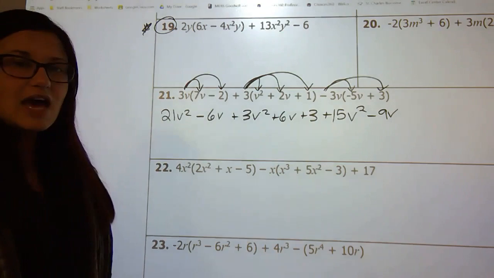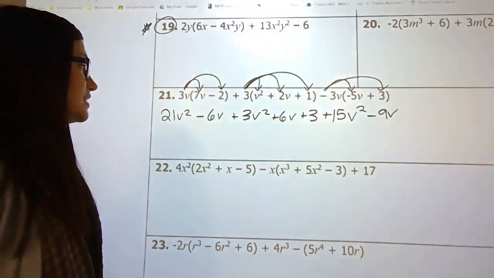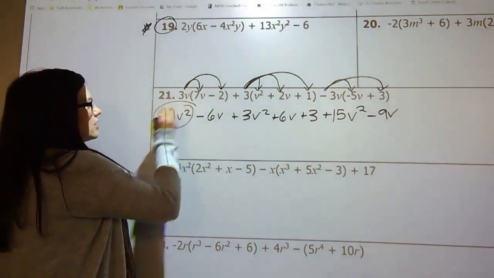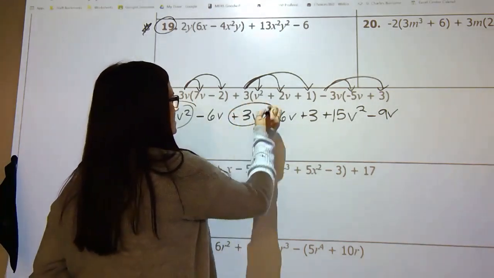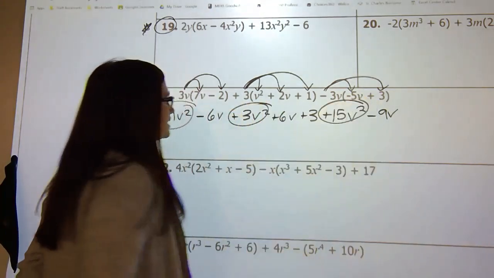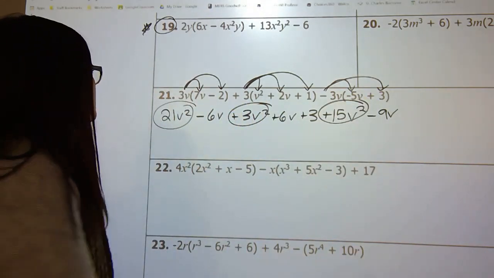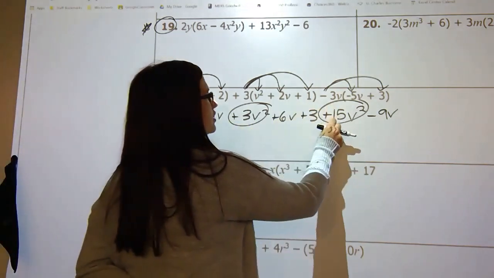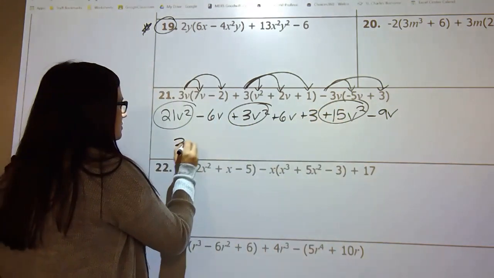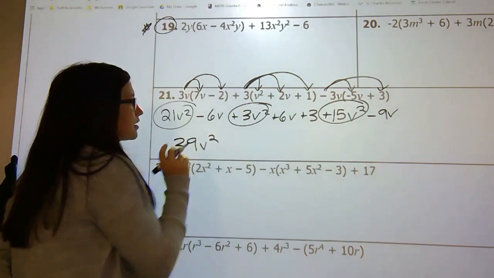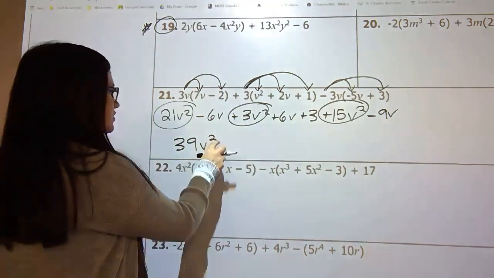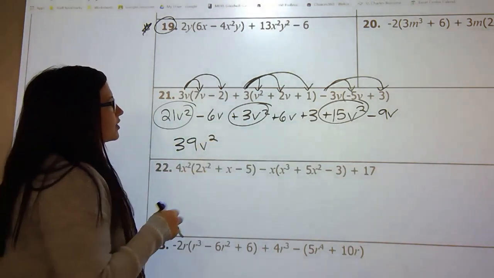So I'm going to start with the highest power first because that's the standard way to write a polynomial. I got 21b squared, positive 3b squared, and a positive 15b squared. Let's see, this gives me 39b squared. Okay, when I combine, my exponents are staying the same. I'm not adding them together.